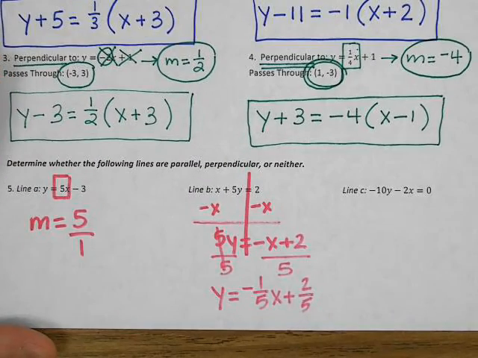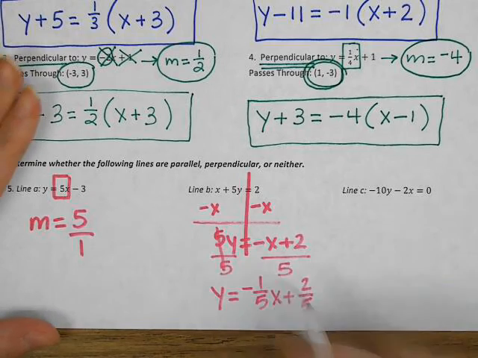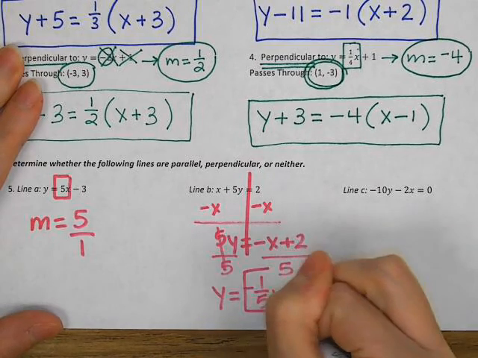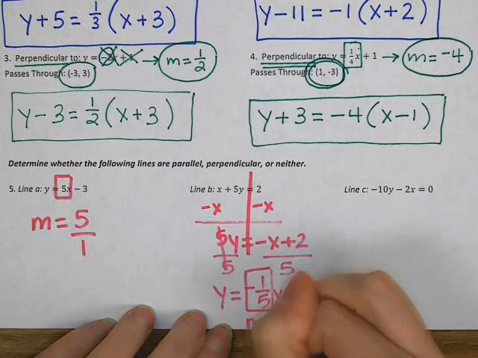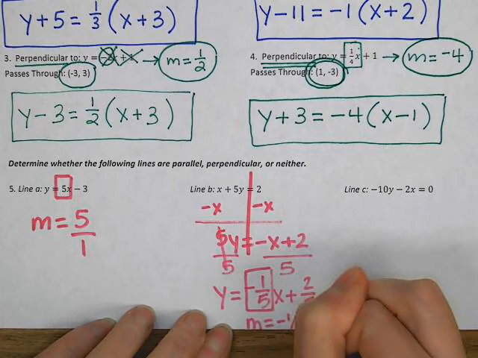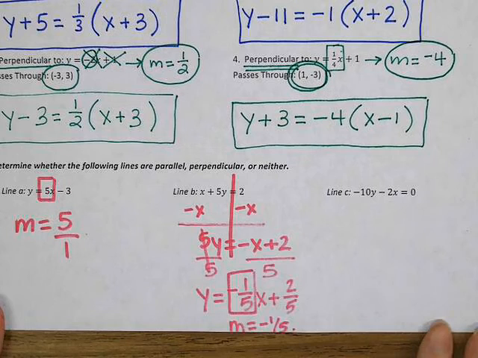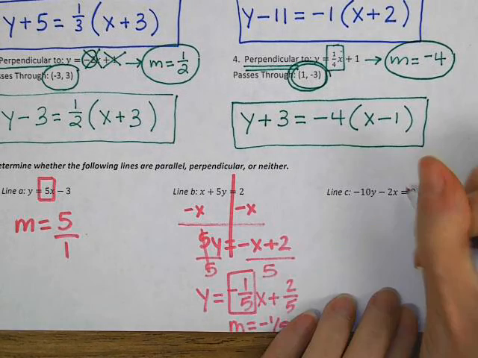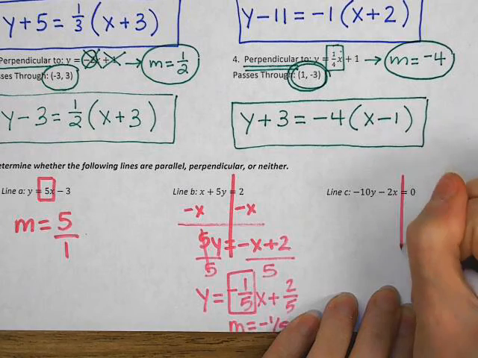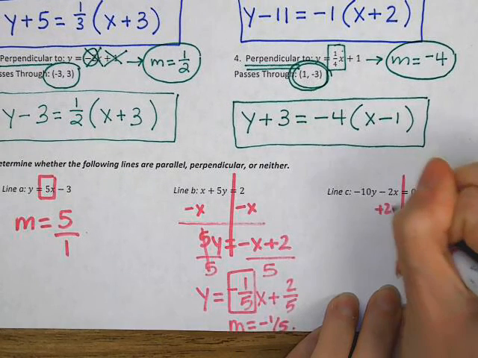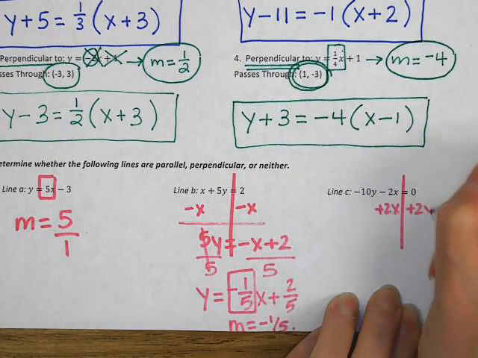Okay, so what's the slope? y equals mx plus b. This is the slope, -1/5. So m equals -1/5. All right, last problem, line C. Again, we don't know what the slope is yet. We have to get y alone. So we're going to add 2x to start.